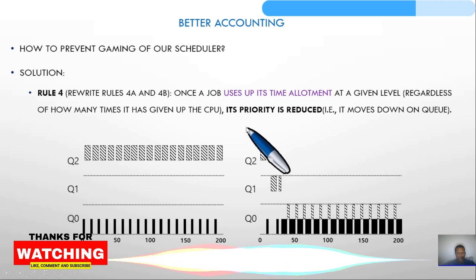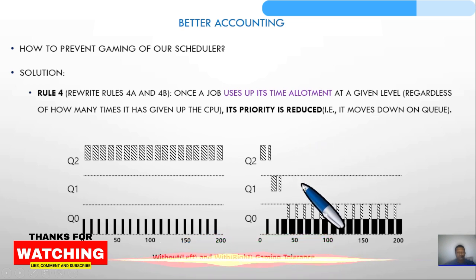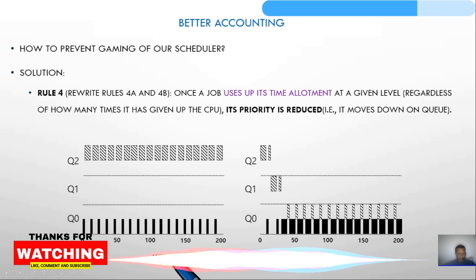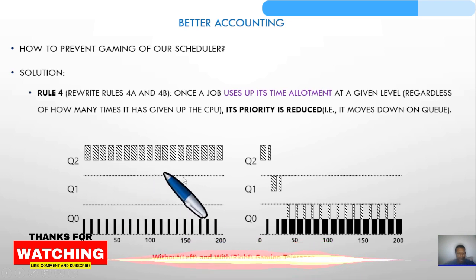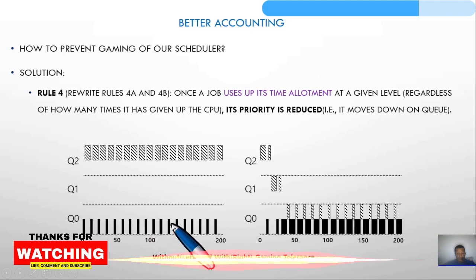Whatever it is, the process should go to the lower queue. As you can see, the right side is with gaming tolerance and the left side is without any gaming tolerance.